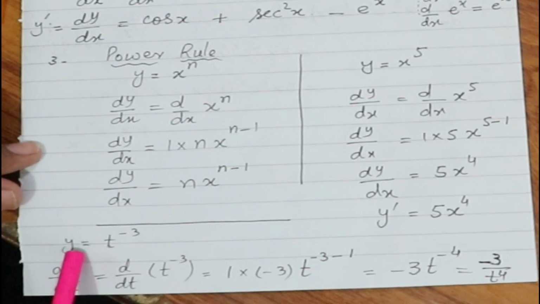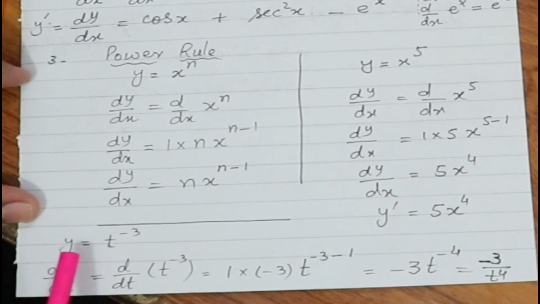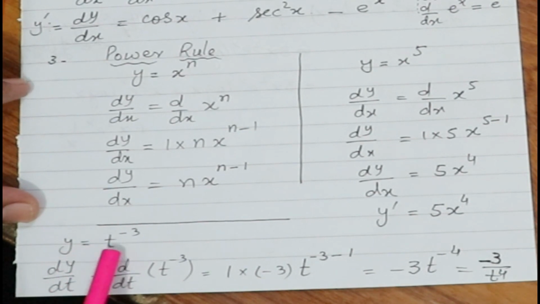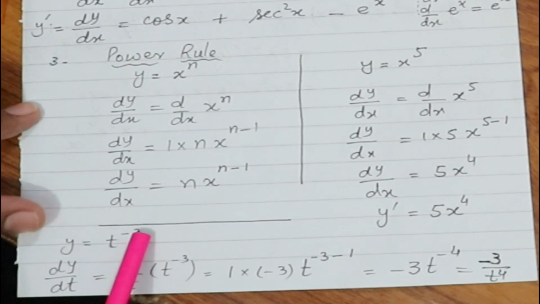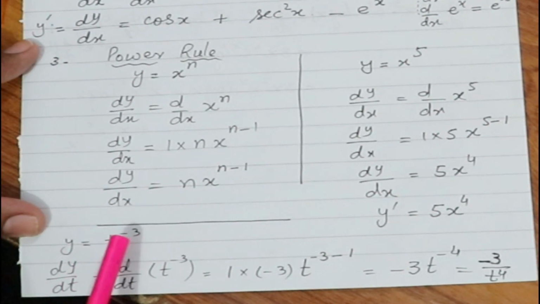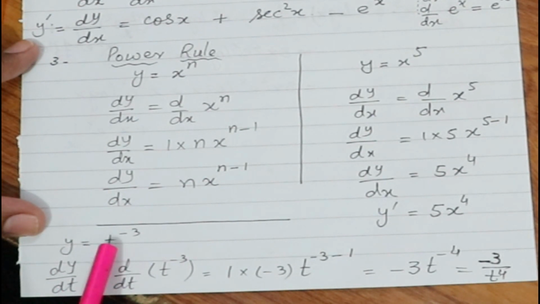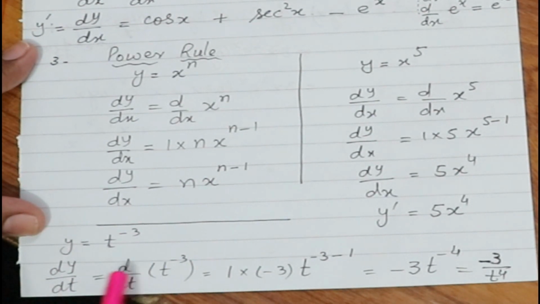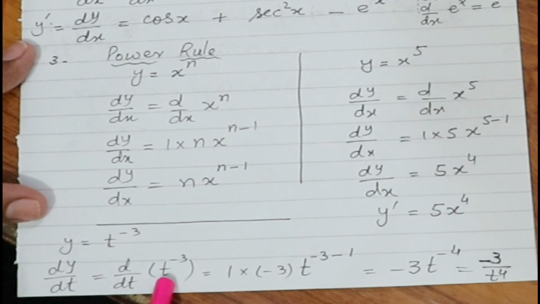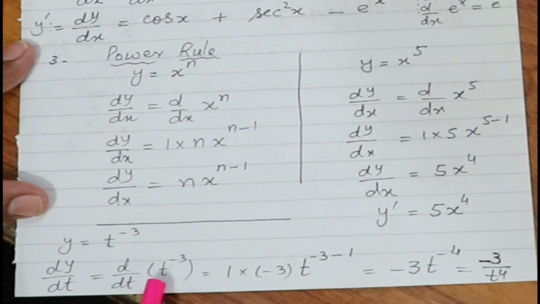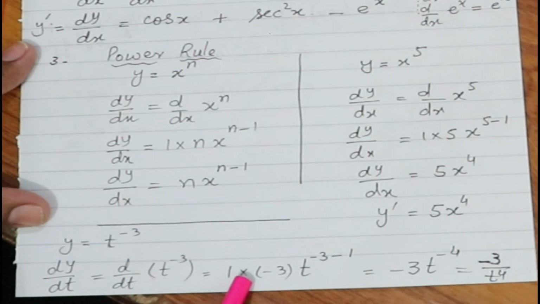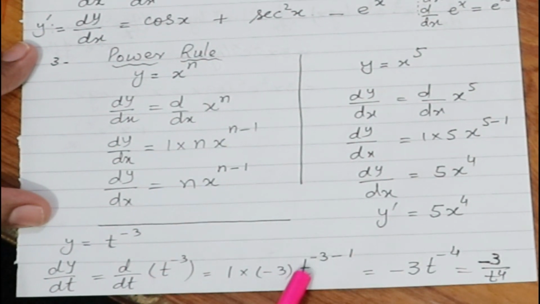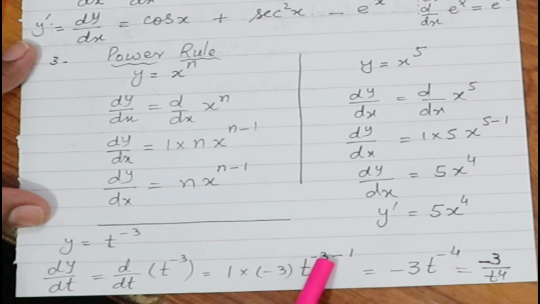Now we will take the second example, where the function is y equal to t power minus 3. Now we will take the derivative of this function with respect to variable t. We apply derivative on both sides, then the derivative using the power rule is coefficient minus 3 multiplied by t, one less than minus 3.